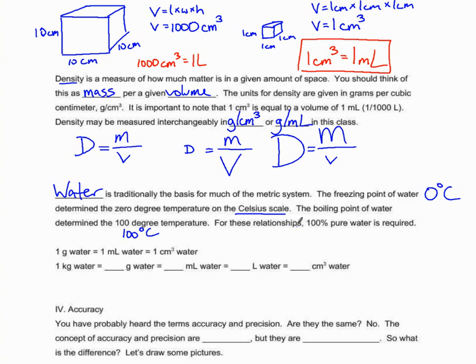For these to work, it needs to be 100% pure water. Something that we may talk about this year is that if you dissolve something in water, its properties are going to change.